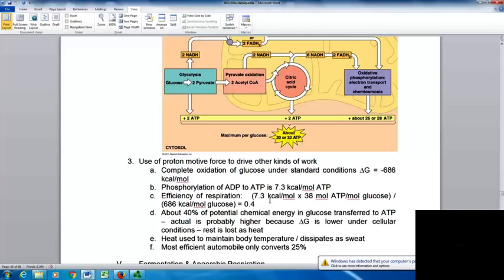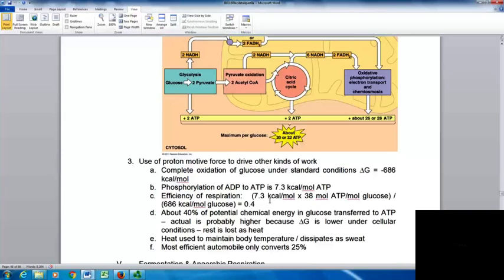If you were to do that on a calculator, 7.3 times 38 is going to give you about 277. When you divide that by the 686 kilocalories per mole, it comes out to be about 40% efficiency.